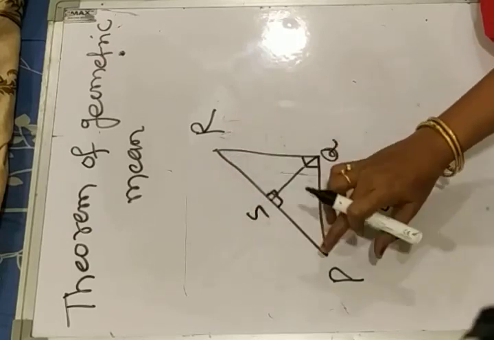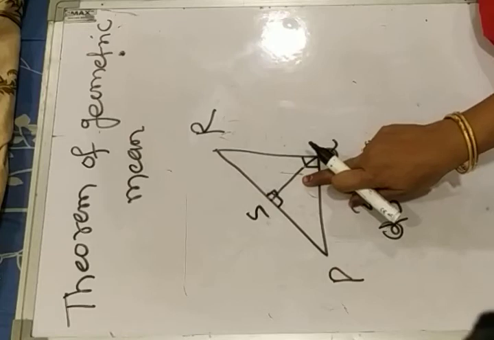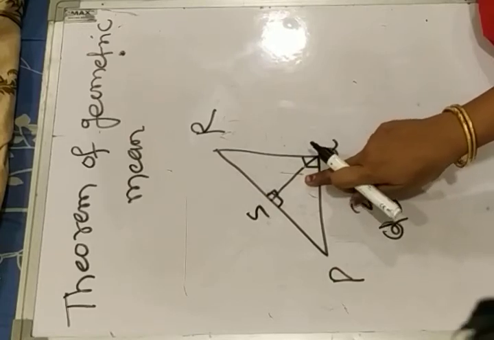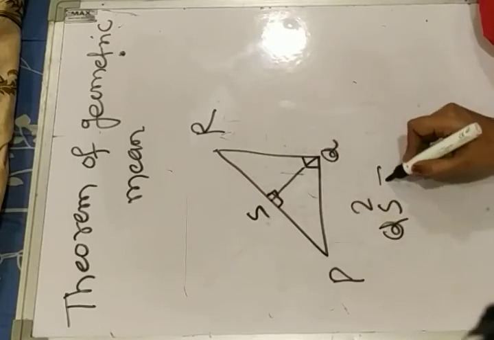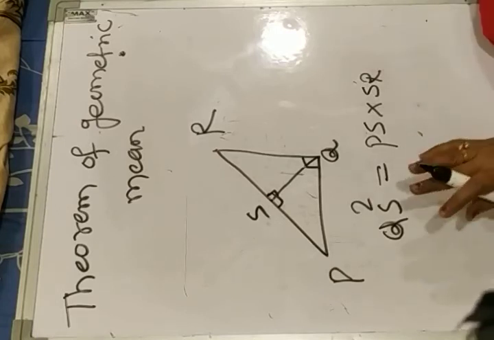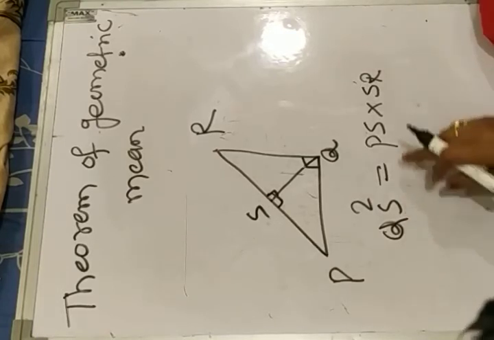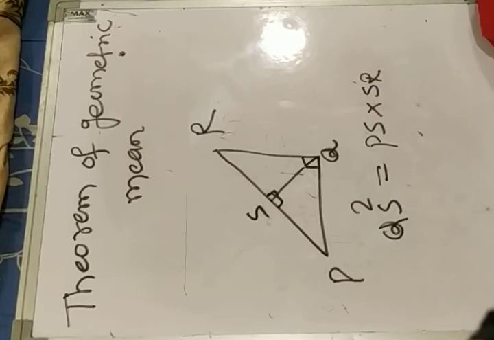The hypotenuse is divided into two parts, PS and SR. So by the theorem of geometric mean, QS square equal to PS into SR. So segment QS is the geometric mean of segments PS and SR. This is the theorem of geometric mean.